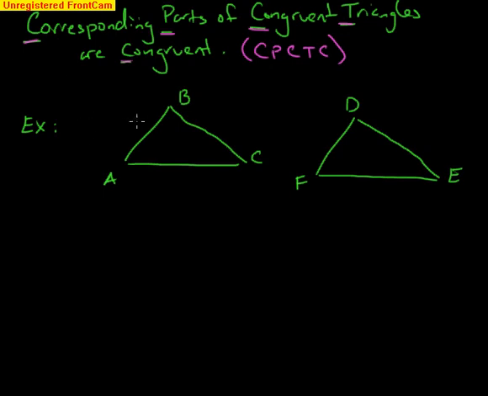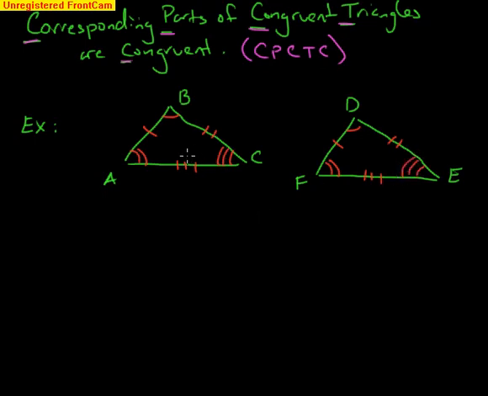Okay, I'll put them in red. It has 1 and 1, 2 and 2, 3 and 3. And then it has 1 and 1, 2 and 2, 3 and 3.